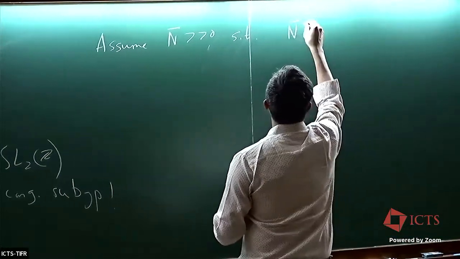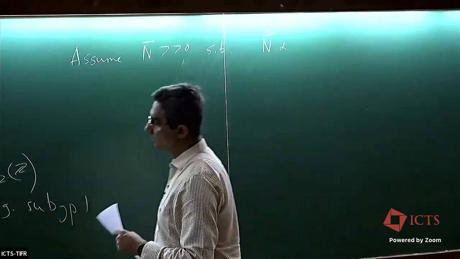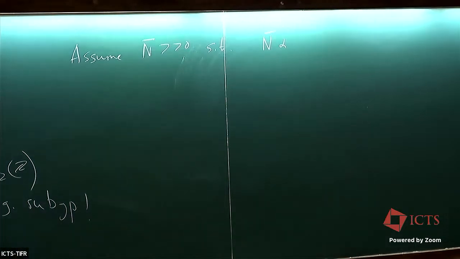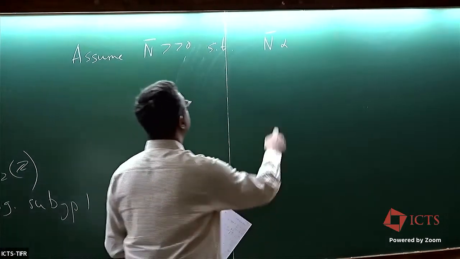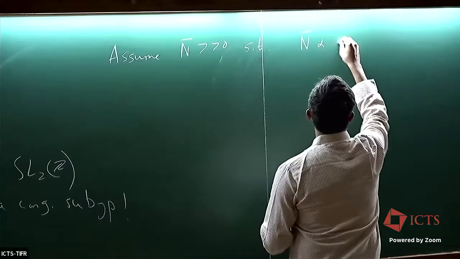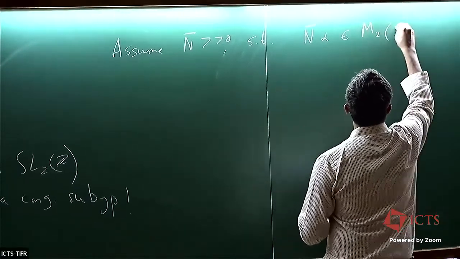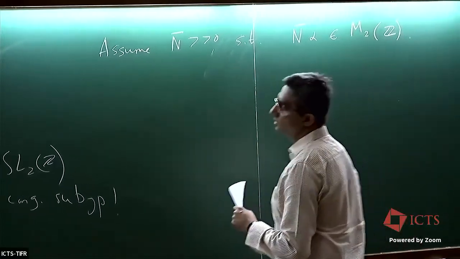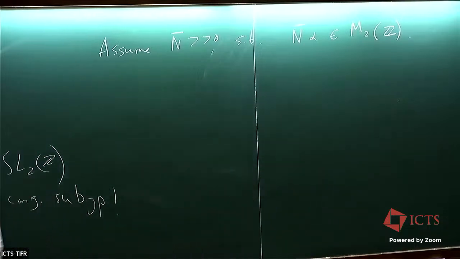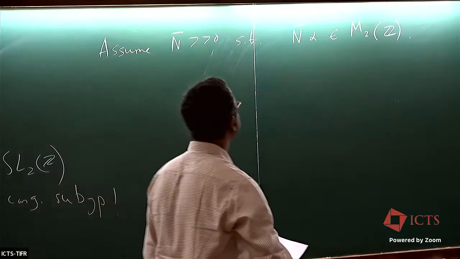So N bar is just a number, and alpha is a matrix. When you multiply all the entries of alpha by N bar, alpha has some denominators, but you clear the denominators. This is actually an integer matrix. The determinant now may not be in GL2Z, of course. GL2Z determinants are just plus minus 1, so that's impossible to happen most of the time.